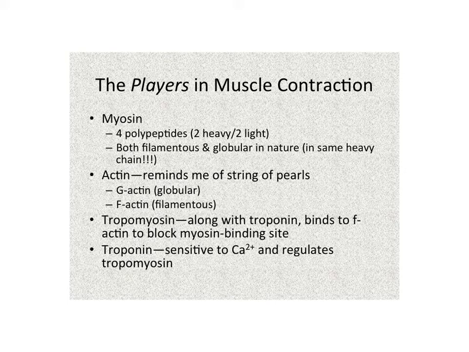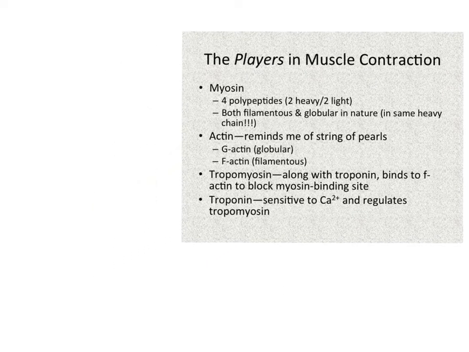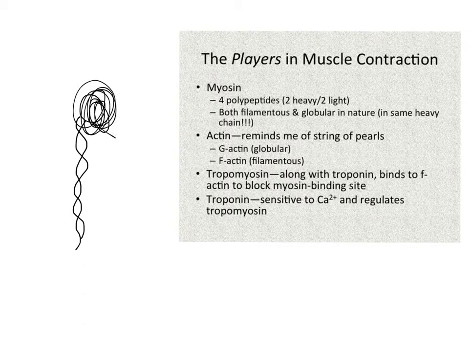Essentially, there's this part that's filamentous, really long, more like DNA, really long rope-like chains, and then there's a part that's globular on the end, like a little head group. It's really cool.